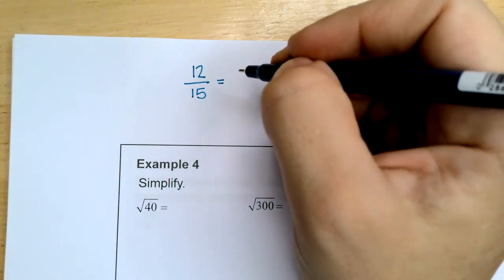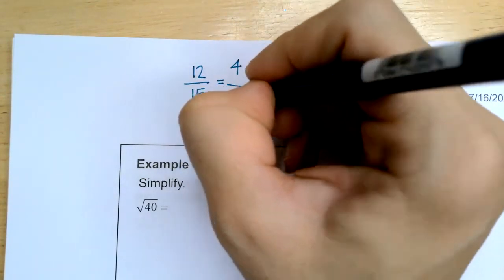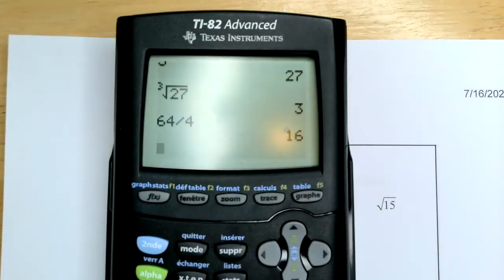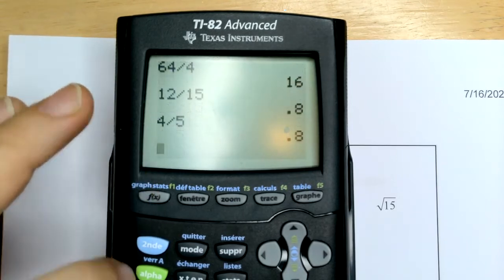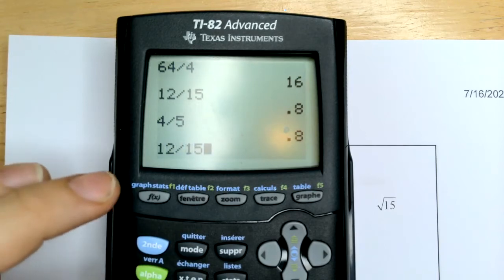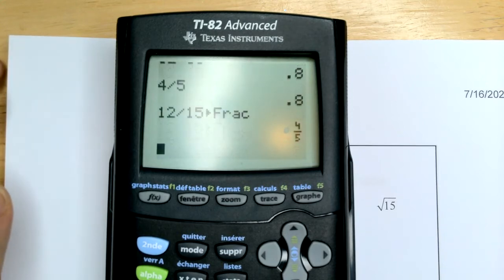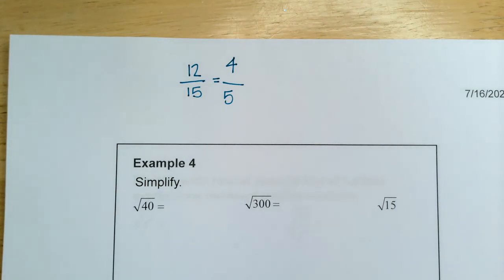So 12 divided by 3 is 4, and 15 divided by 3 is 5. So 12/15 is the same as 4/5. Even if you typed 12/15 and asked it to put it into fraction form, it will simplify it for you into 4/5. Simplest terms. So that's what we're doing.